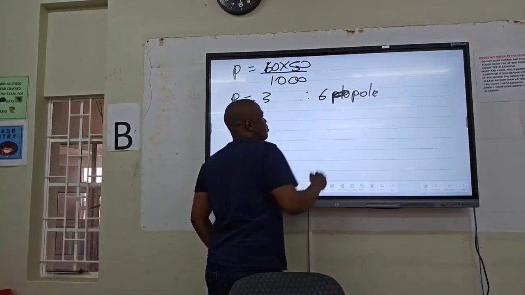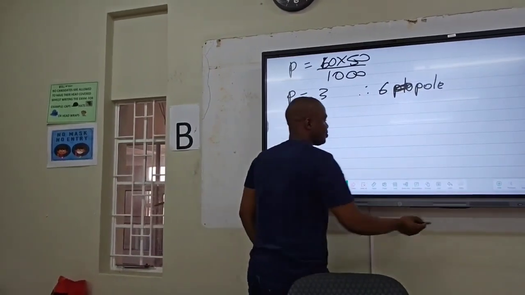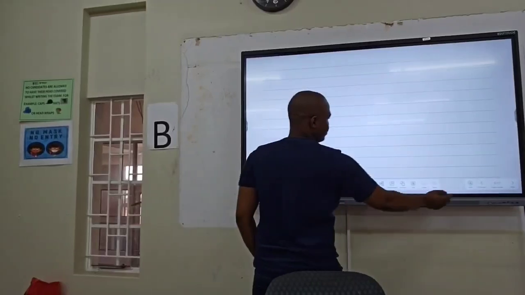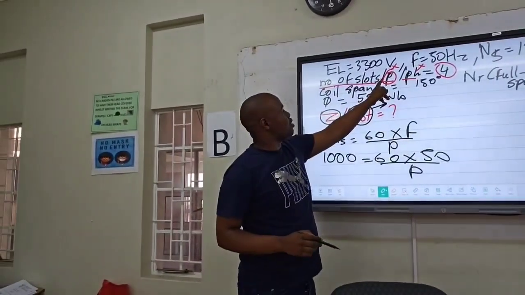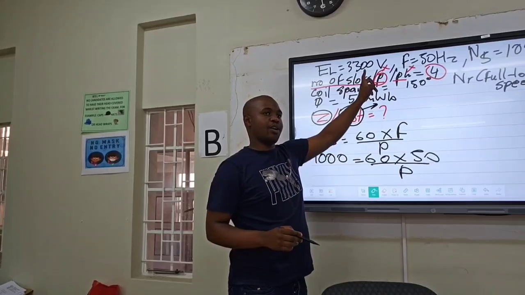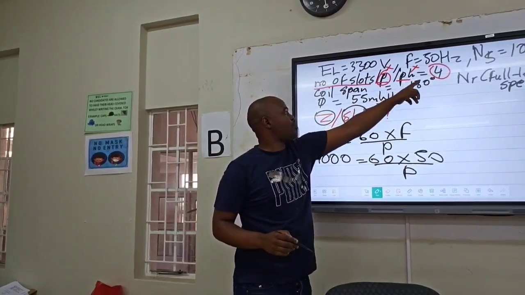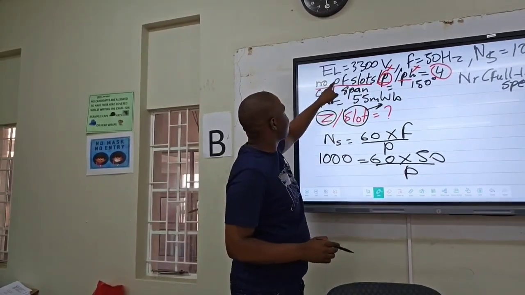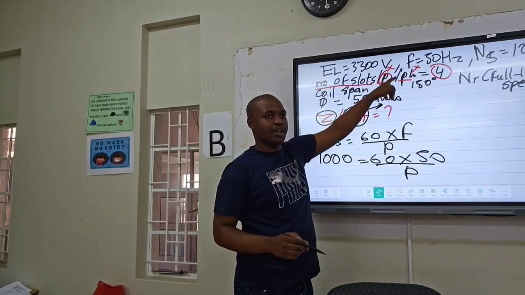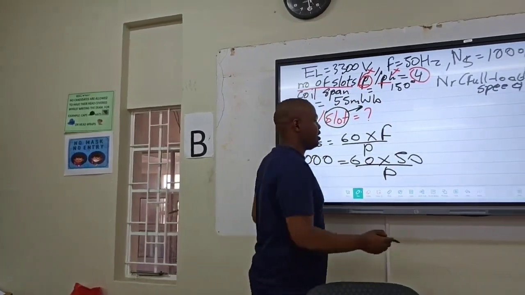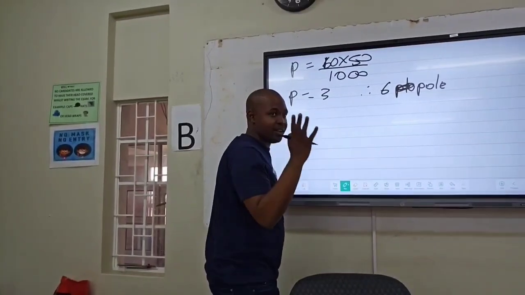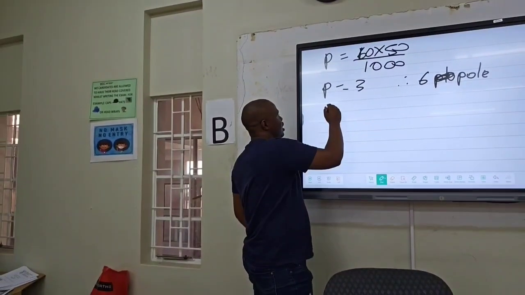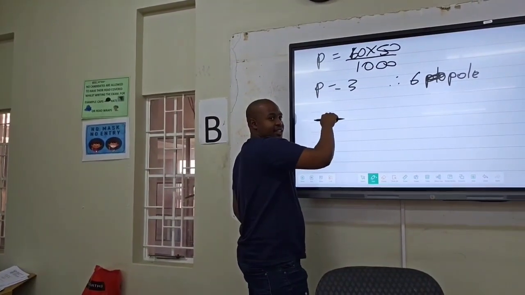So there are 6 poles, and the number of slots per pole per phase is 4. I'm going to multiply that 4 by 6.